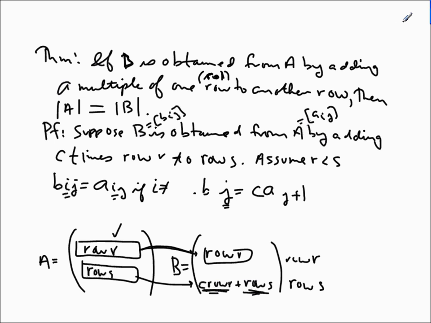As I said very clearly, row R did not change from A to B, but row S did. I cannot be S. So what happens when we are in row S? Well, we get C times row R. In row S, we're talking about column J. We're going to get C times the RJ entry of A, the row R, column J entry, plus we just get BSJ. Okay.